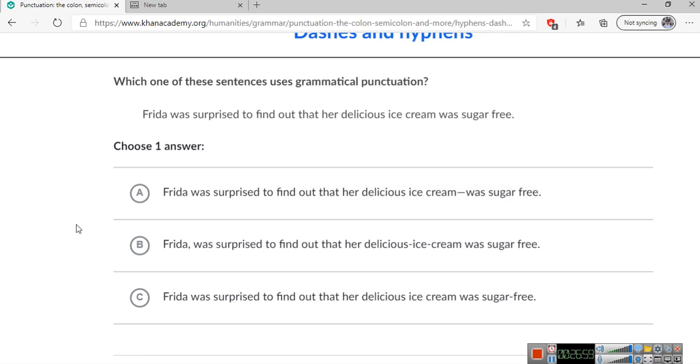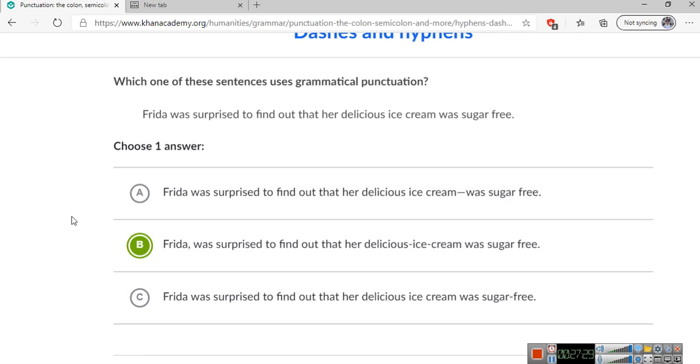I think B. Oh my goodness, I don't know.